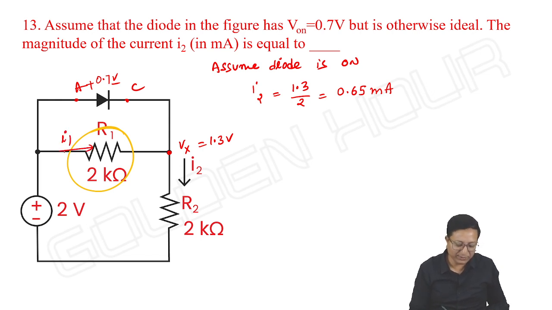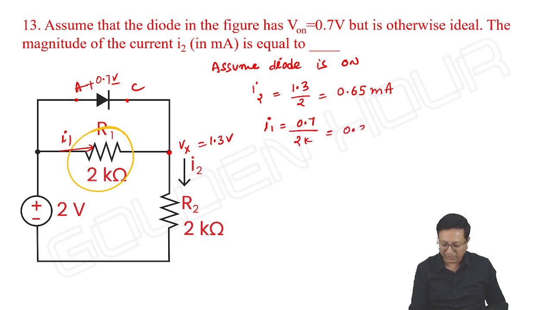Let us take this current as I1. So what is I1 here? It is the voltage across 2K, 0.7, divided by 2K. It is equal to 0.35 milliampere. Yes, I1 is 0.35 milliampere. I2 is greater than I1. Definitely ID will be positive, no doubt about it.